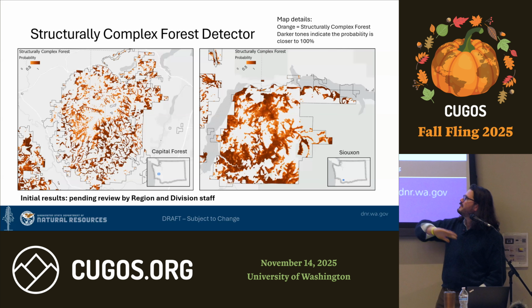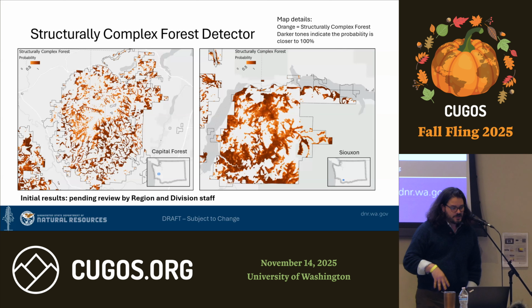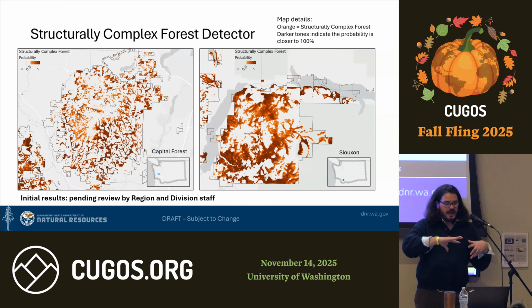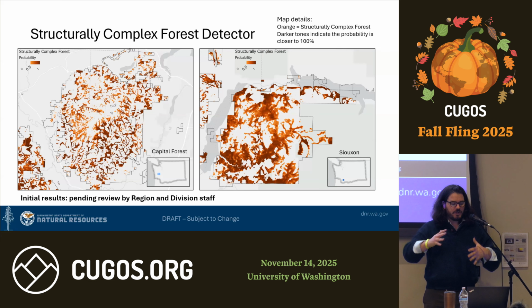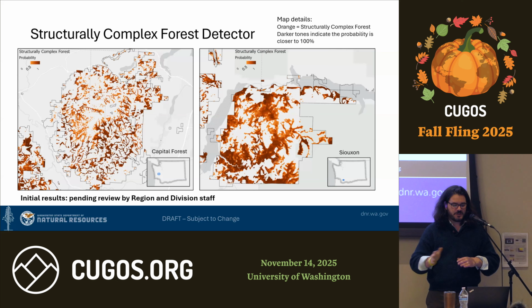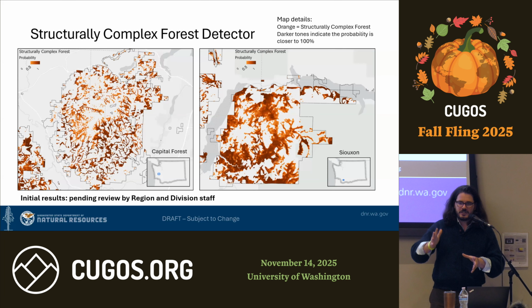So here's an example. The maps that have been made here are showing we've got the detector, we've got the probability threshold that we want, and we're applying it to the land base. And shown here, anything below that threshold has been made clear. It's just a little easier to view that way.